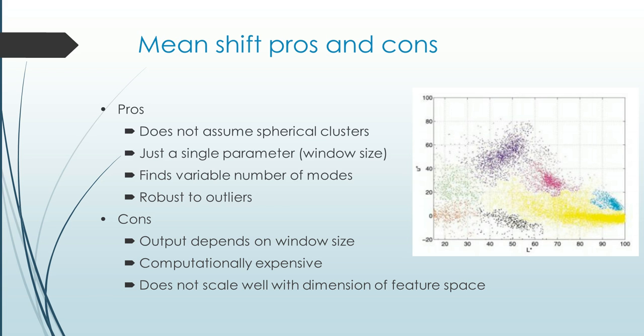Another disadvantage is that it's computationally expensive, because we need to perform the same operation many times and with many iterations for all the different data points. And also this algorithm does not scale well with the dimension of the feature space, because whenever we have more dimensions, it becomes even more complex and it takes more time to compute.